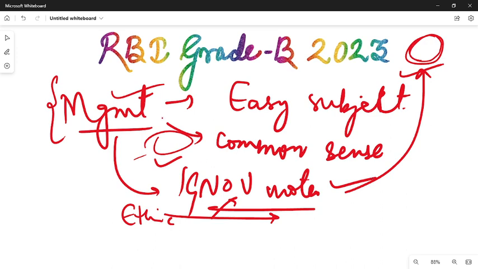Also, NPTEL has some very good lectures regarding management. You can definitely see that there are some very good syllabus-based management lectures on NPTEL. So you can definitely go through those, but if you think that you can understand everything on your own from the IGNOU notes, you can definitely opt for that too.